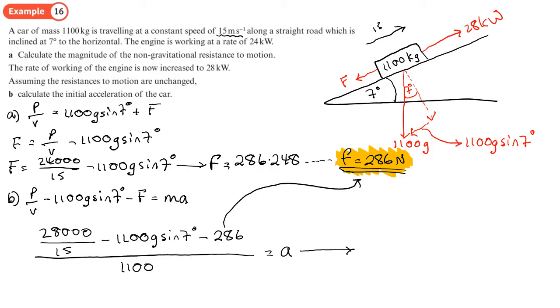So I'm going to type it all in as one. 28,000 over 15 minus 1100 times 9.8 times sine 7 minus, I'm just going to press answer, 286, all over 1100, that's 8 over 33.